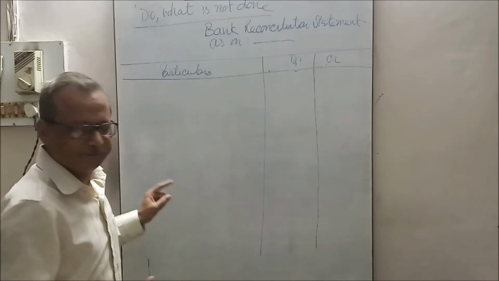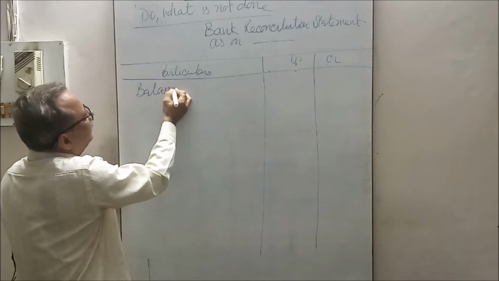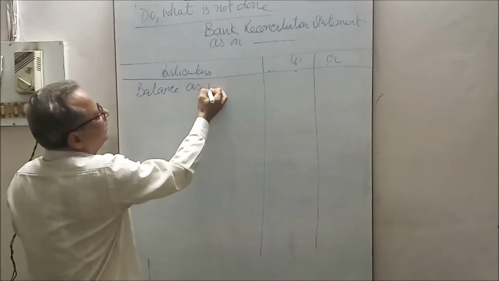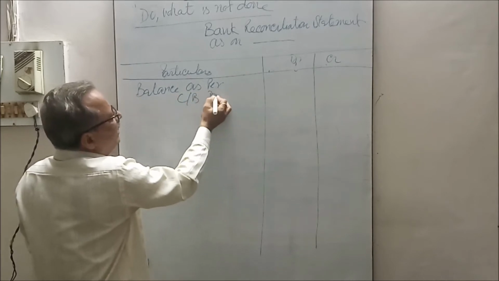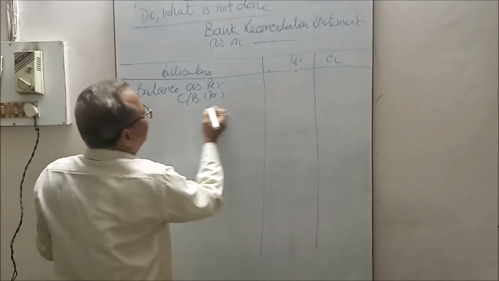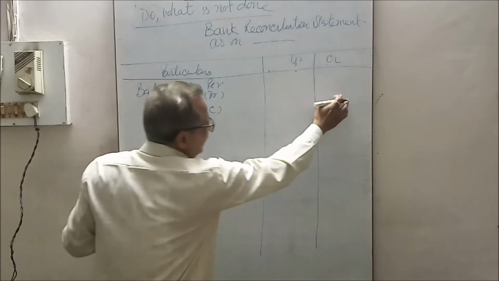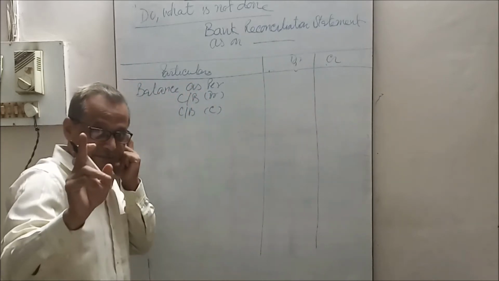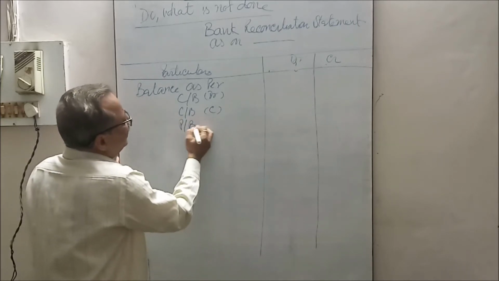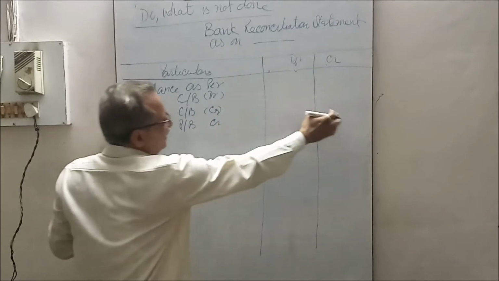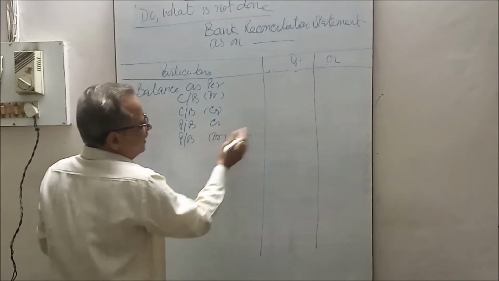Now see, balance as per. If it is given as cash book debit balance, write it on the debit side. If cash book credit balance, write it on the credit side as base. If passbook balance is a credit balance, write it on the credit side. If passbook debit balance, write it on the debit side.